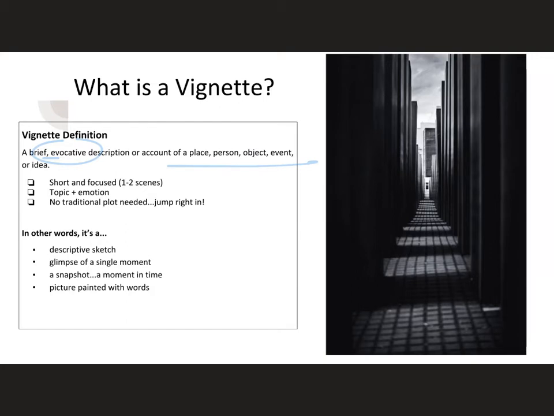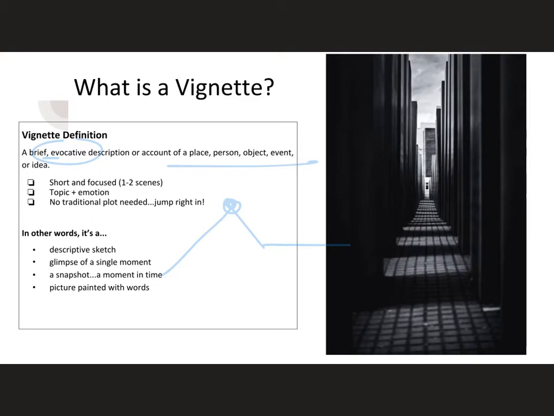The last characteristic of a vignette is it doesn't need to have a traditional plot. So I know you've been taught for years and years and years that a story has some rising action, a story has a climax, it has some falling action, and then there's a resolution. We're not doing that right now. What we're doing is we're showing the viewer a snapshot in time.